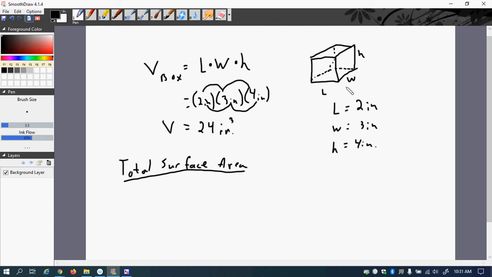So that formula is S equals 2L plus 2W plus 2H. Okay? And that's incorrect. Let's back that up and say that again.